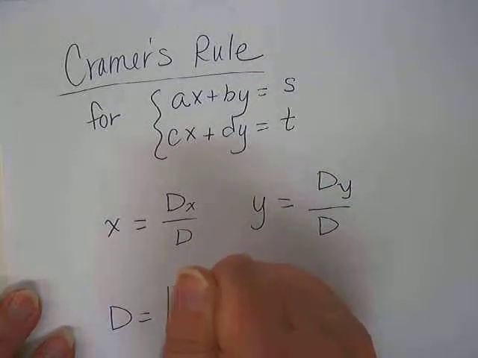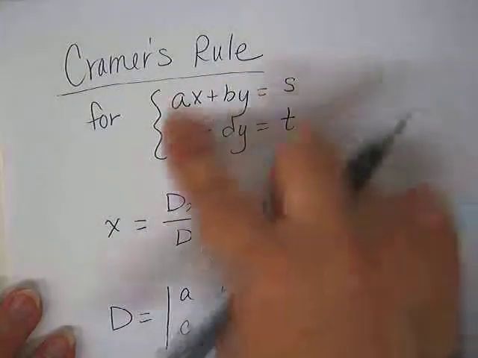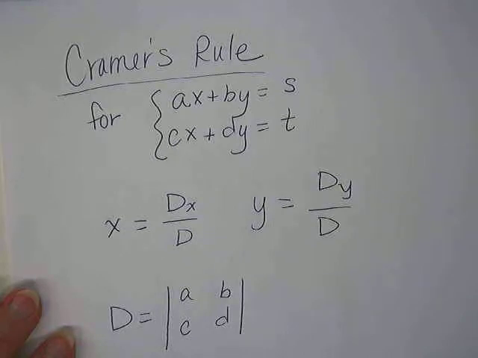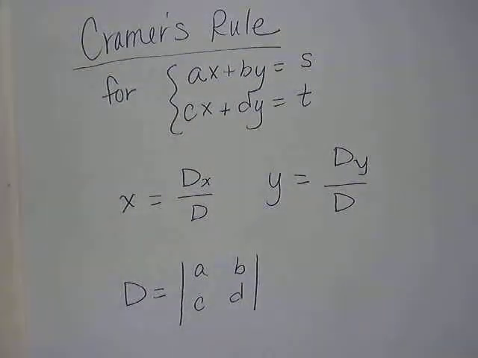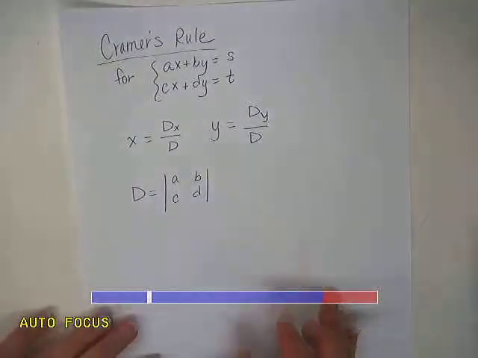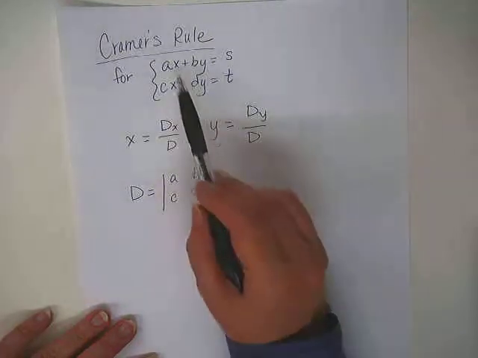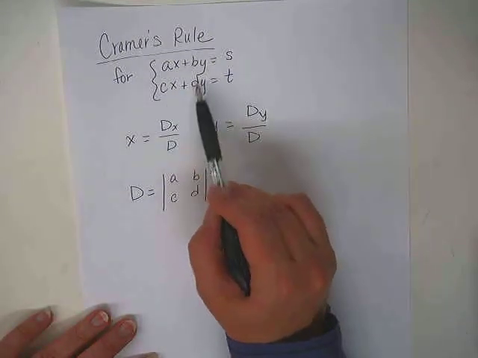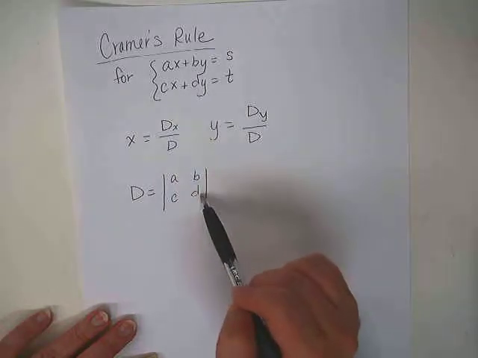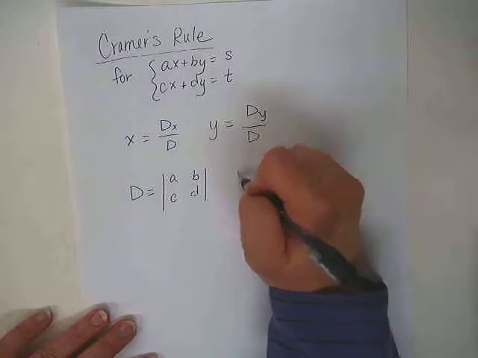And that's with determinant d being the determinant for our main coefficient matrix. So you can see that that's just the one we've just been doing, where we take these numbers next to x and y, turn it into a matrix, find the determinant of that, that's d. Okay?